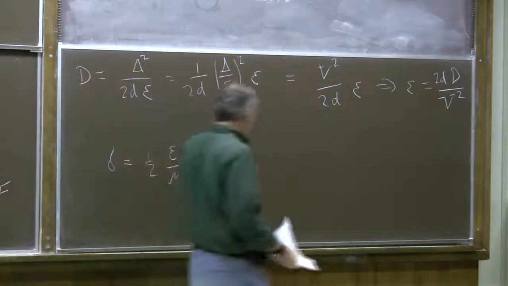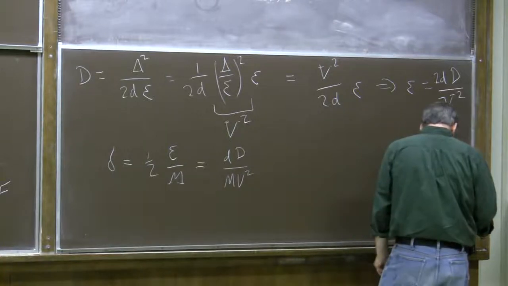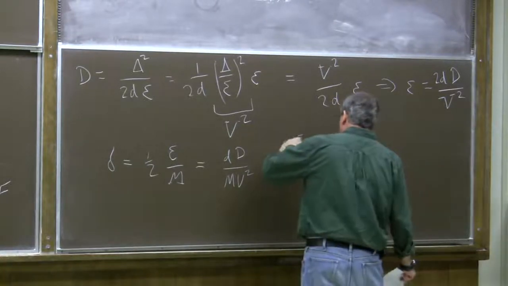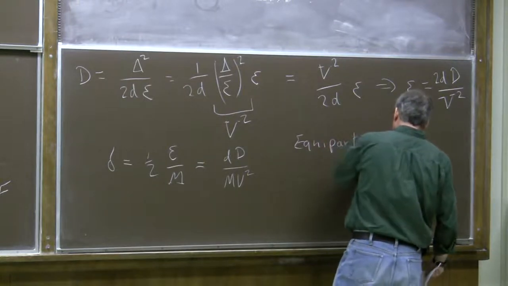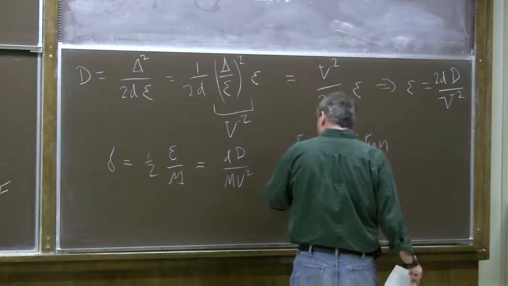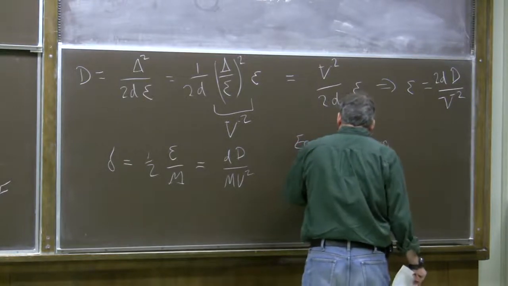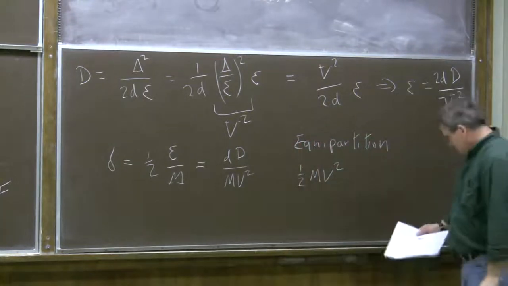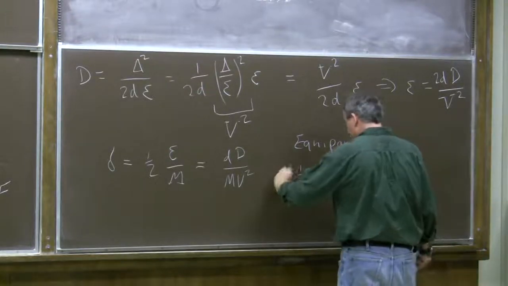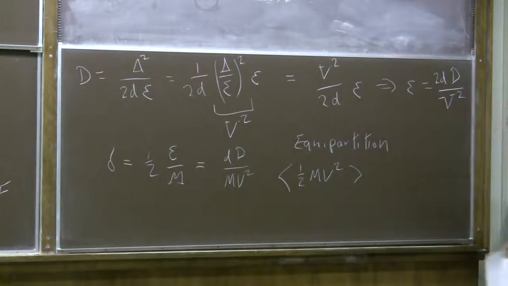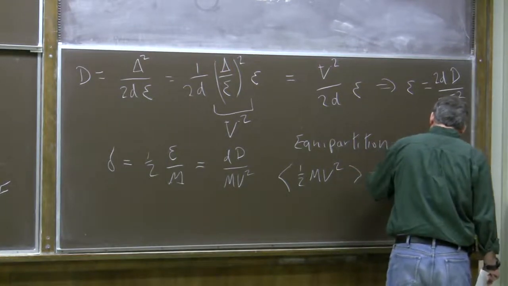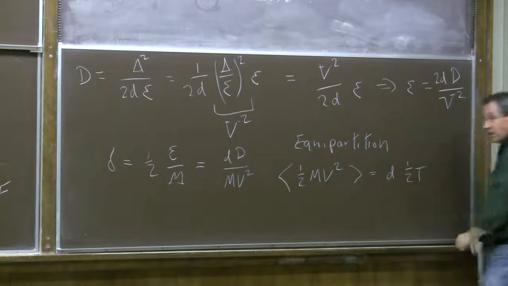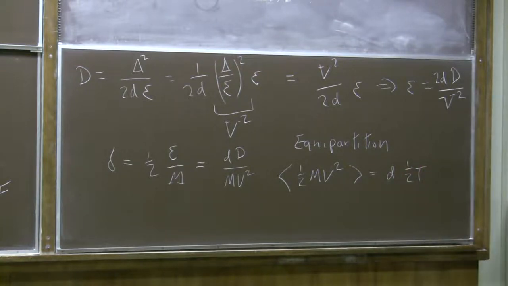So in thermal equilibrium, I can say that because of equipartition, the kinetic energy, 1/2 mv squared, mean value, for the drifting particle will, if we're in d spatial dimensions, there will be a 1/2 tau because of equipartition for each one of the components of its velocity in d dimensions.